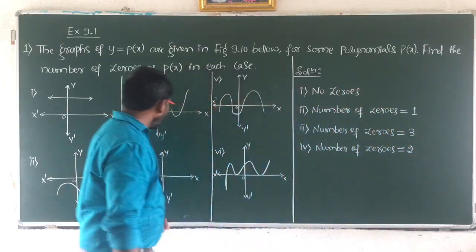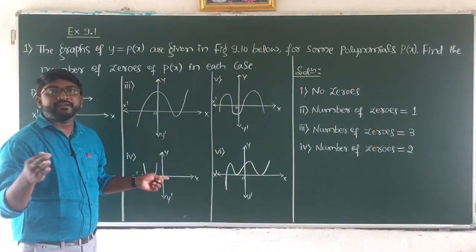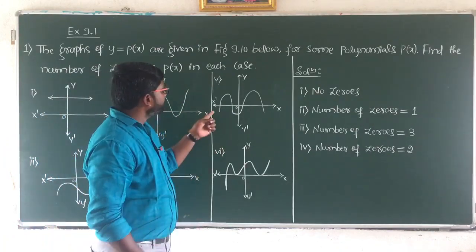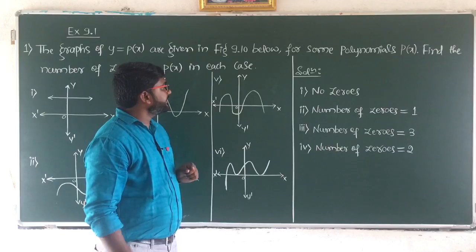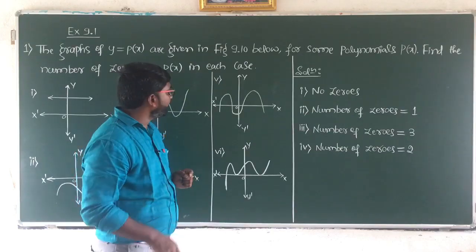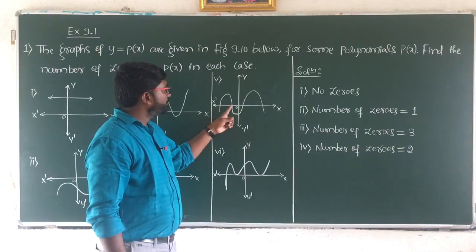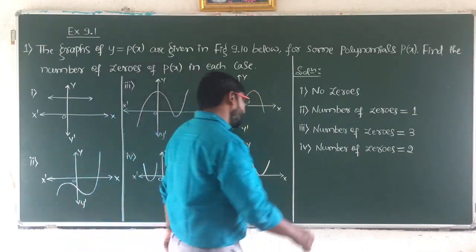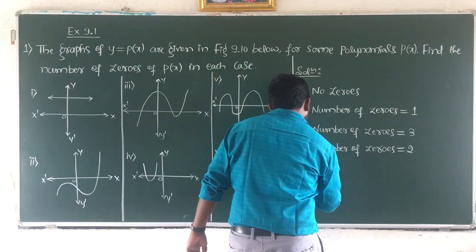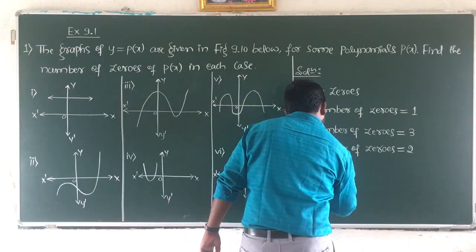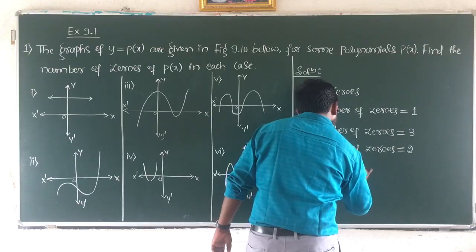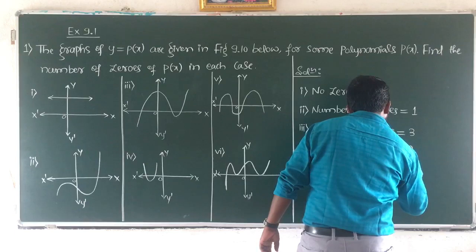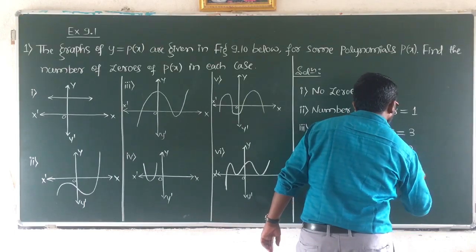So actually this is the graph of a quadratic polynomial. And then now I go for the fifth case. So here this graph is intersecting the x axis at 4 points, 1, 2, 3, 4. Therefore number of zeros equals 4.